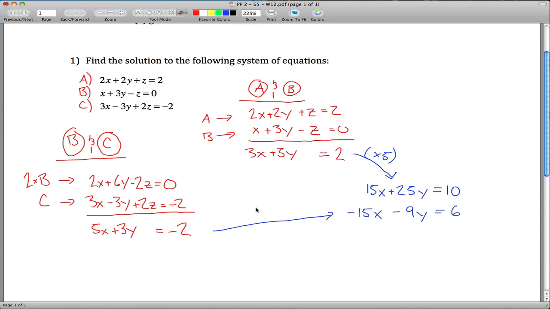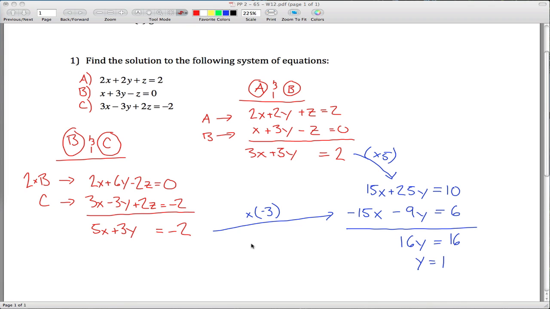Negative 2 times negative 3. And by choosing 5 and negative 3, what I've done is I've gotten rid of the x's. 25y minus 9y is 16y. 10 and 6 is 16. So y is equal to 1.